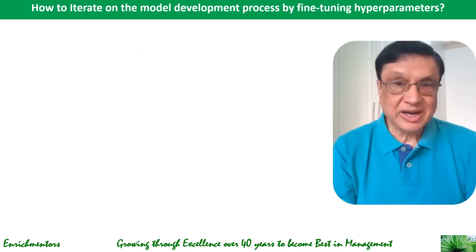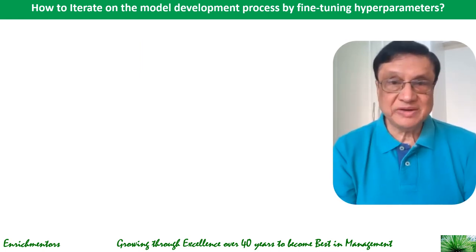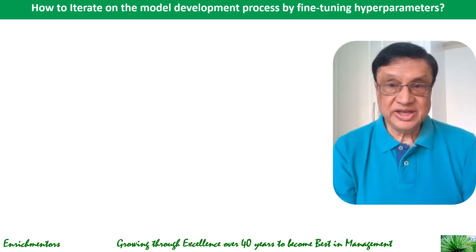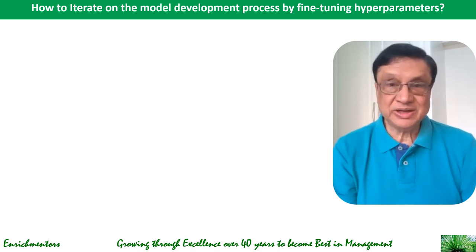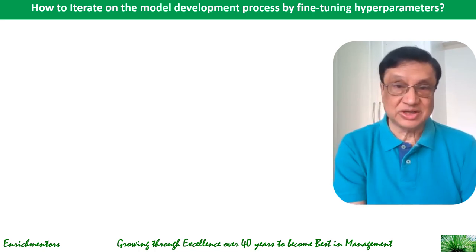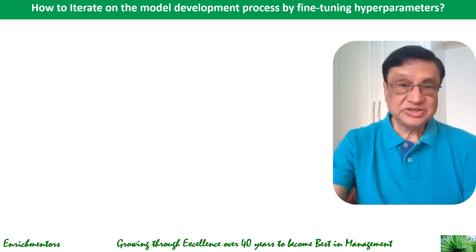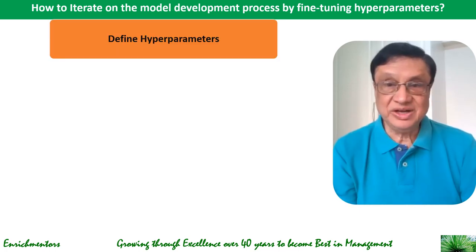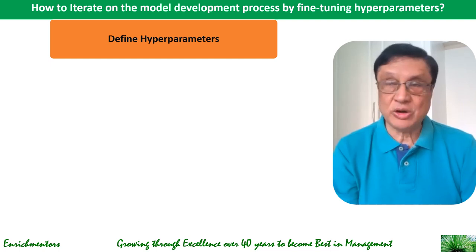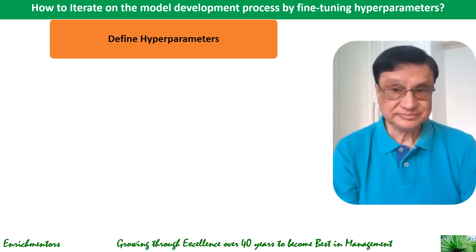So iterating on the model development process by fine tuning these hyperparameters involves a systematic approach. There you can optimize the performance of your machine learning model. What are the steps you can take to fine-tune hyperparameters iteratively? Let's take a look at that. So first thing you need to do is to identify the hyperparameters that are relevant to your model and optimization algorithm.